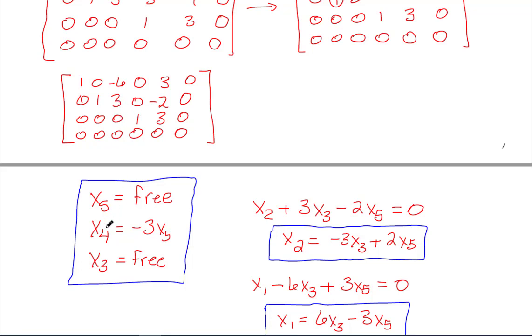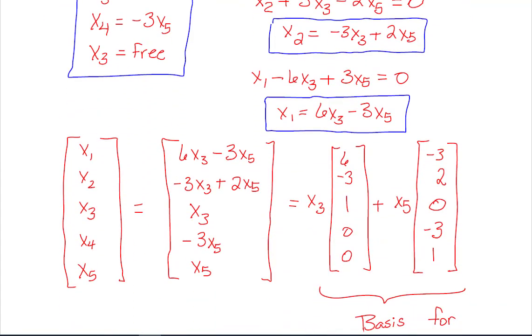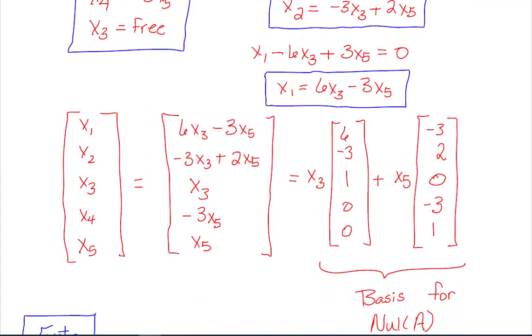x3 is free. x2 is in terms of x3 and x5. And tracing out the first row, I get the relationship for x1. Alright, so x1 looks like the following. Here's x2. x3 and x5 were free, and x4 was minus 3x5.